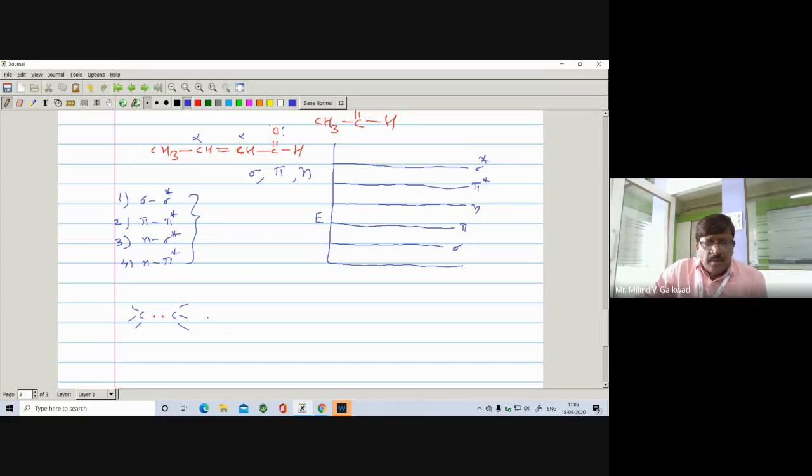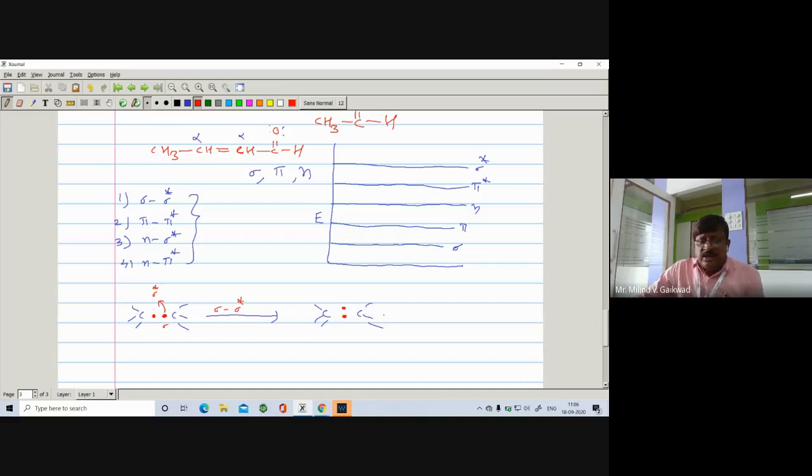One of the electrons from the sigma bond is shifted to the sigma star. Here are the carbons. Actually these are in the ground state, but one of the electrons shifts to the sigma star. So it undergoes sigma to sigma star.